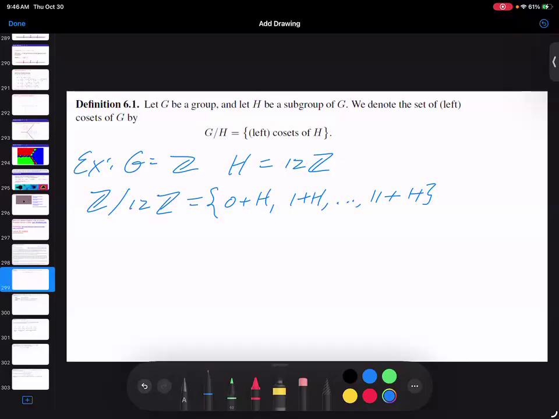We can talk about how you would add and subtract cosets. Do you have inverses to cosets? The hope is that maybe G/H is a group.